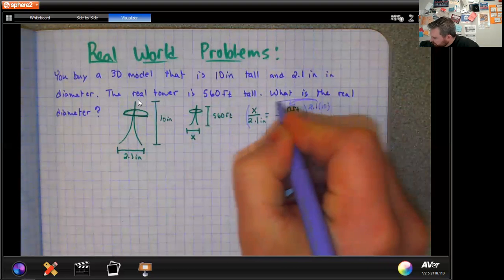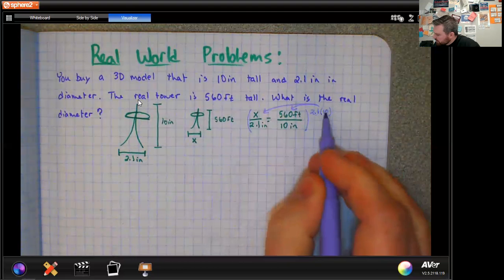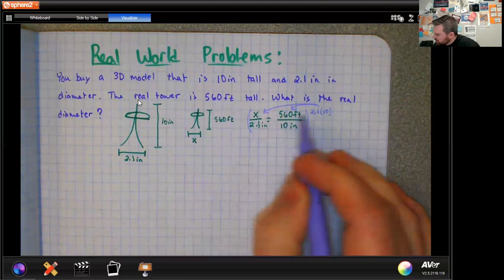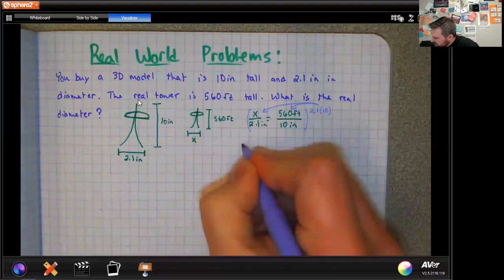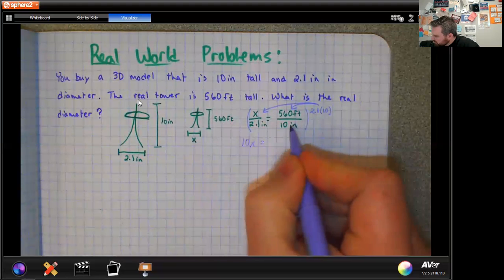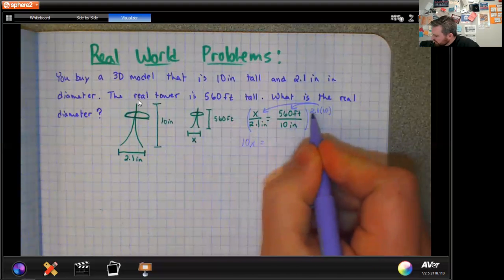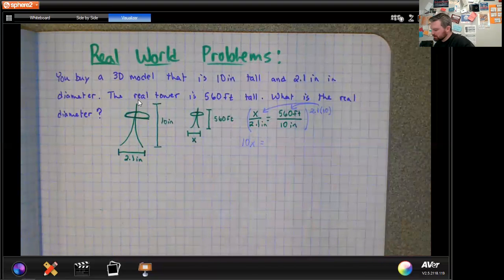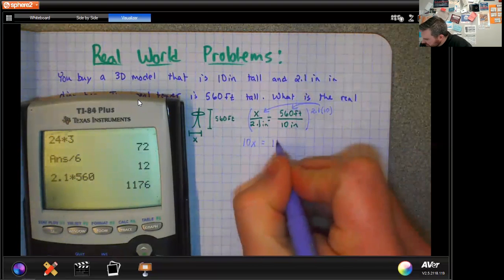The 2.1s cancel and you get 10x equals, and the 10s cancel and you get 2.1 times 560, which is 1176.